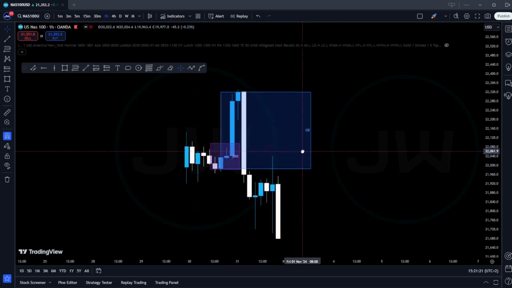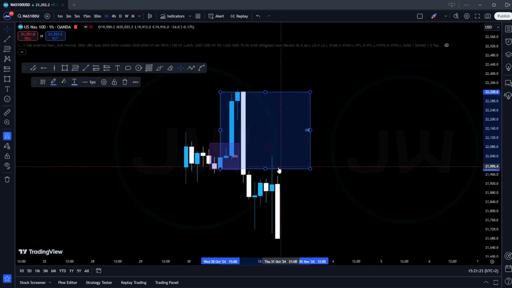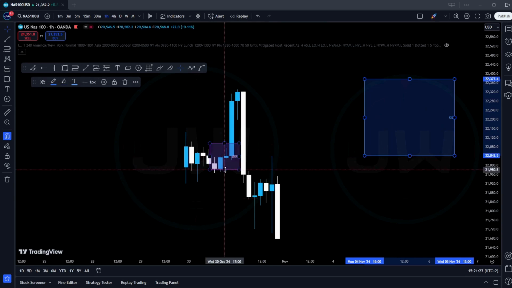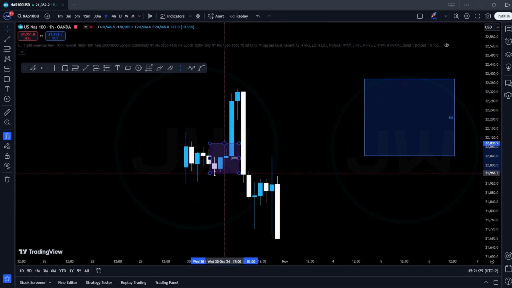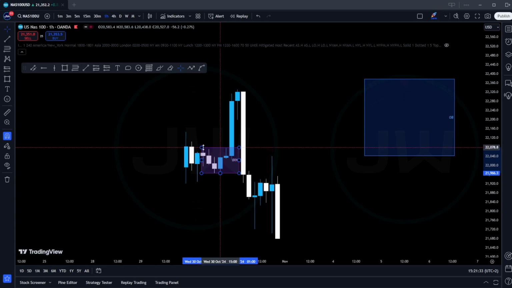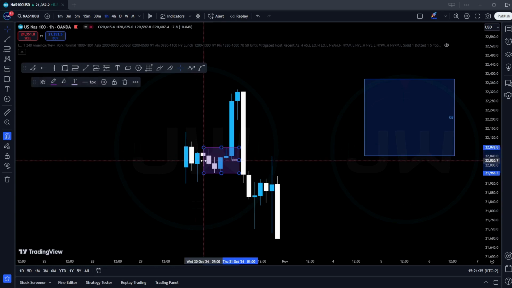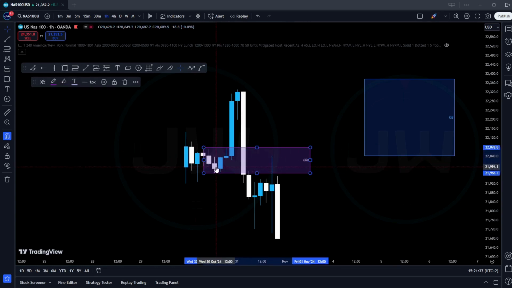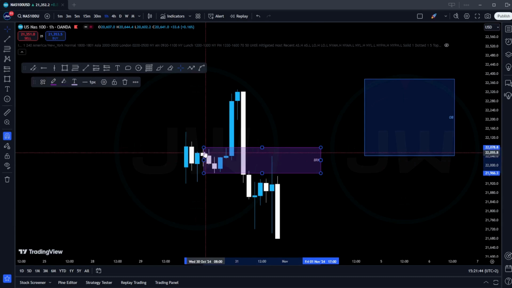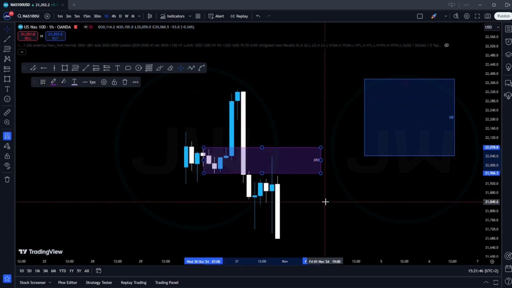We measure them like this. We measure breaker blocks from wick to wick. It is also measured from a single candle or a series of candles like this. Just remember that the breaker block is the leg right before our order block.